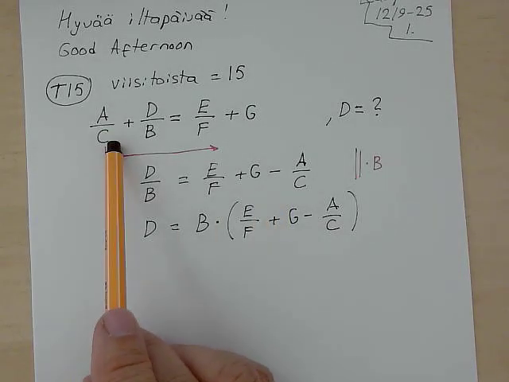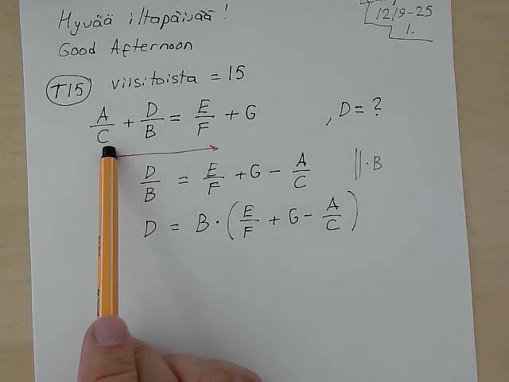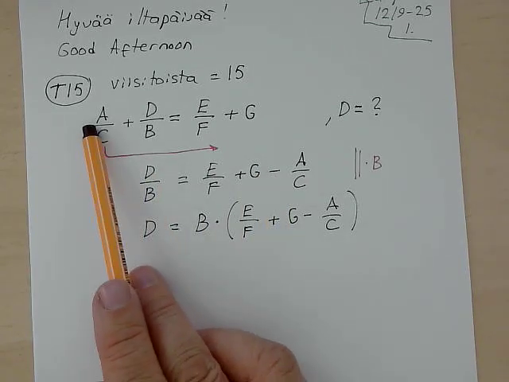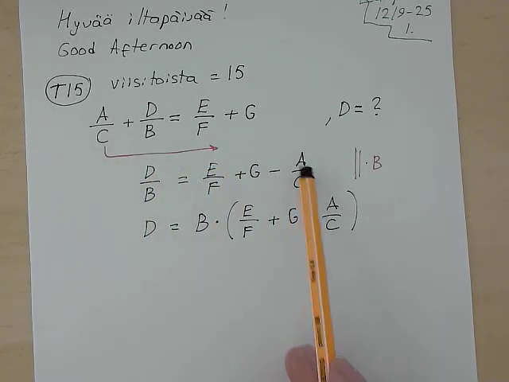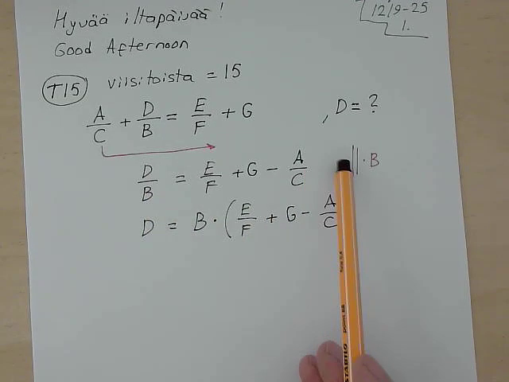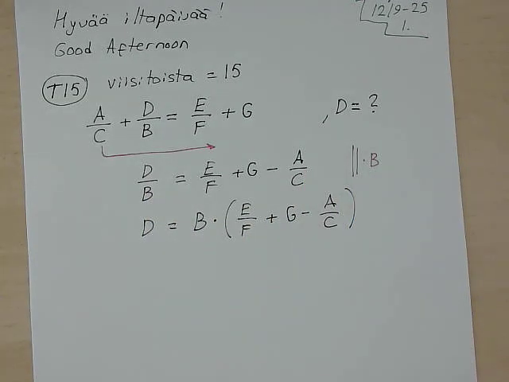So this a per c, or a divided by c, goes to the right hand side by changing the sign from plus to minus. And after that we see that we have this d here, and we multiply with b.